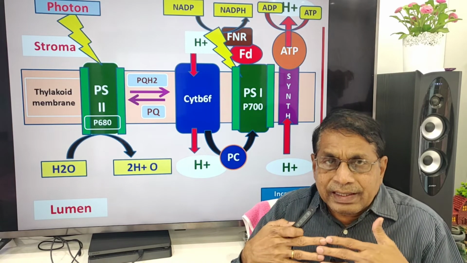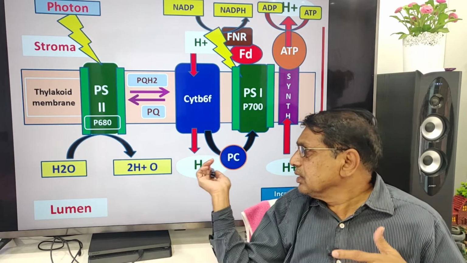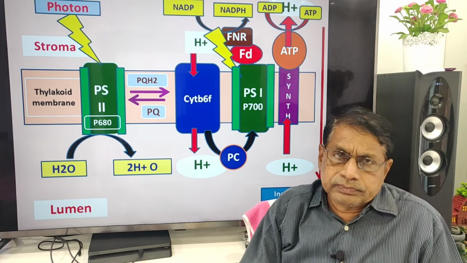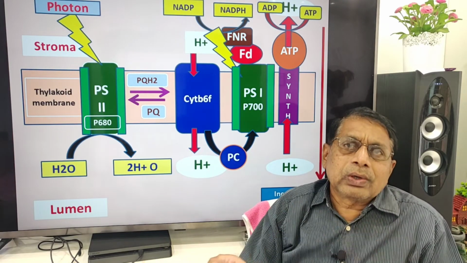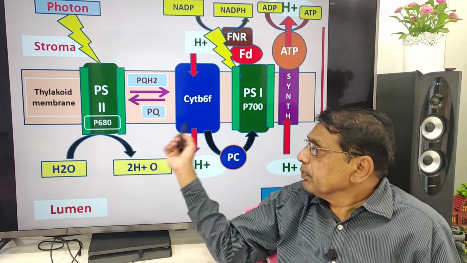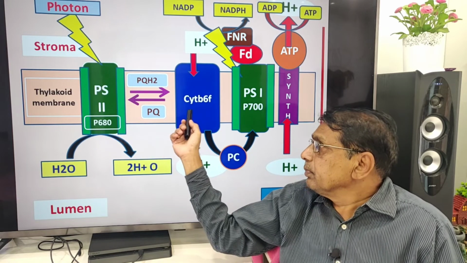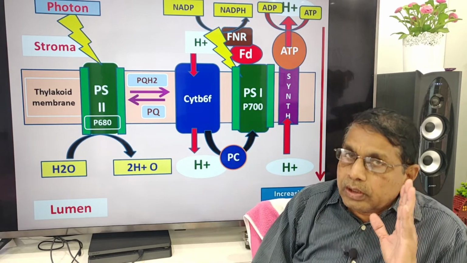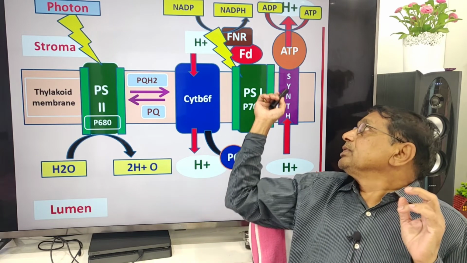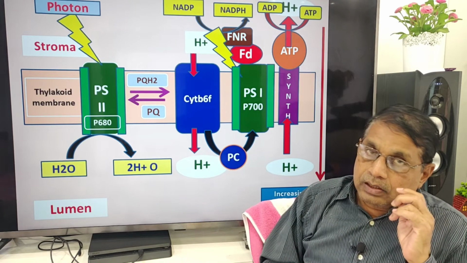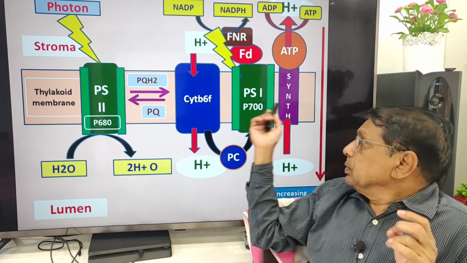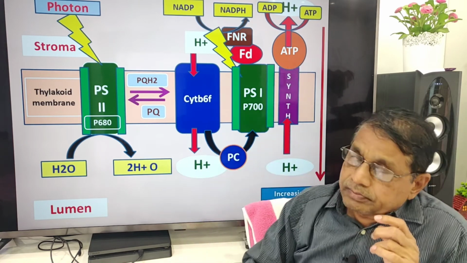Because of the gradient, more here, less here, these protons always try to go to the other side from higher concentration to lower concentration. But this is an impermeable membrane. These are also impermeable. But only the permeable structures are ATP synthase. So these protons pass through the ATP synthase.